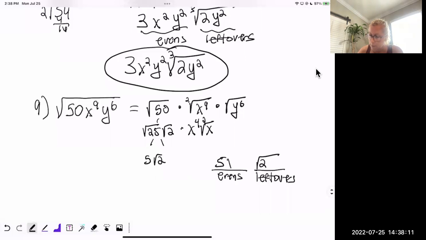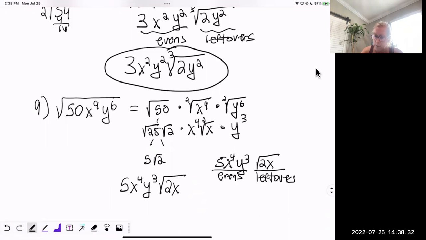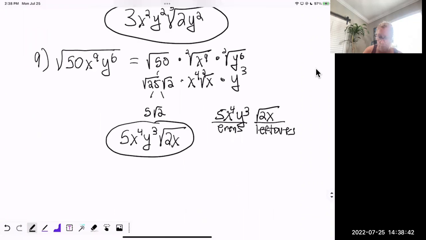So x to the 4th even, 1 left over, times how many 2's are in 6? 3. No leftovers. y to the third. So I have 5x to the fourth, y to the third, the square root of 2x. My evens in front, my leftovers behind. Let's try another one.